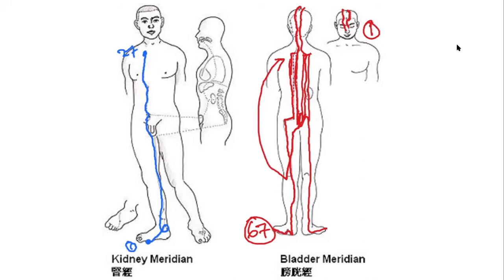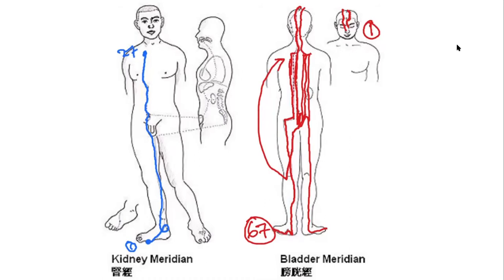You know how Japanese shiatsu, the acupressure, works points along the spine? Those are points of the bladder channel, but the bladder channel also has the corresponding points to the heart, lungs, kidneys, all the 12 organs.